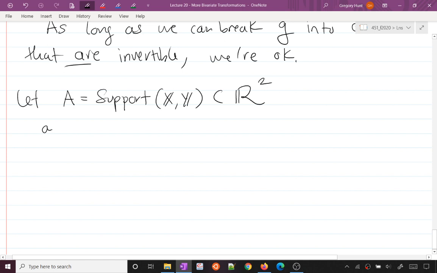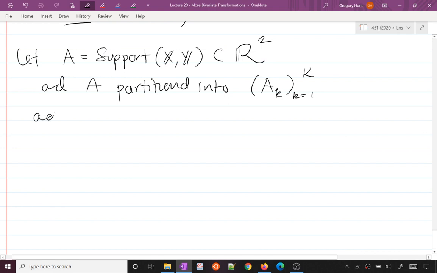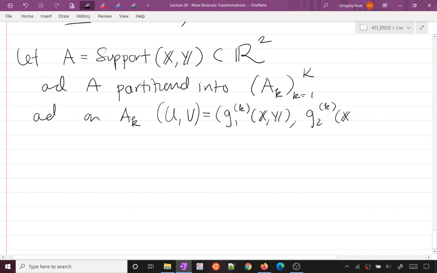A is partitioned into a collection of sets, parts of the real plane, A sub k, and there's some capital K of these sets, and on A sub k, (u, v) is equal to (g1k of (x, y), g2k of (x, y)).